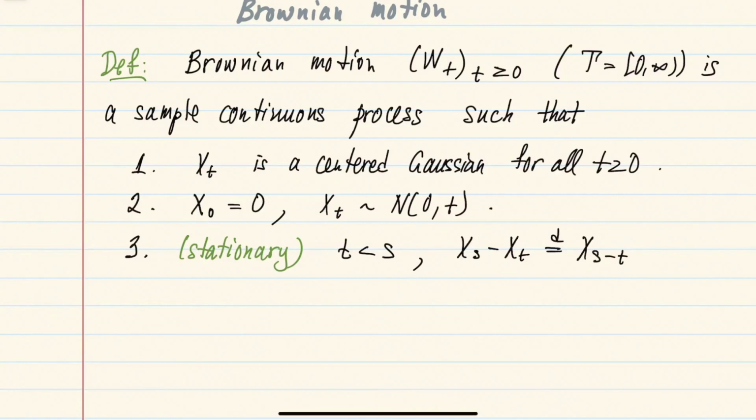So in other words, this should be Gaussian with variance s minus t. So the increment of the process has a distribution that depends only on the increment s minus t.